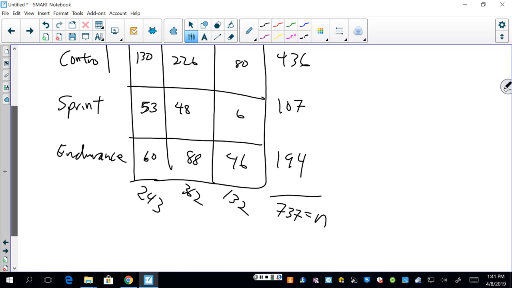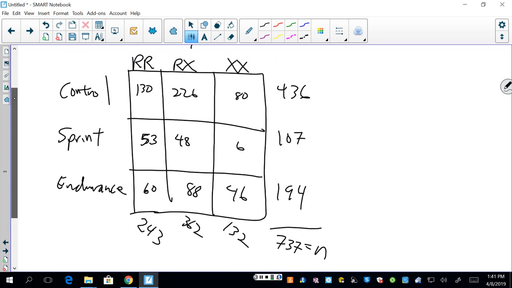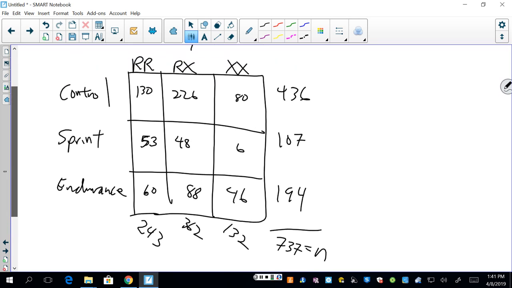And so a basic question is, are certain muscle types associated with these groups? There could be a couple things going on. Probably being in one of these groups, it's not a clear causation thing.